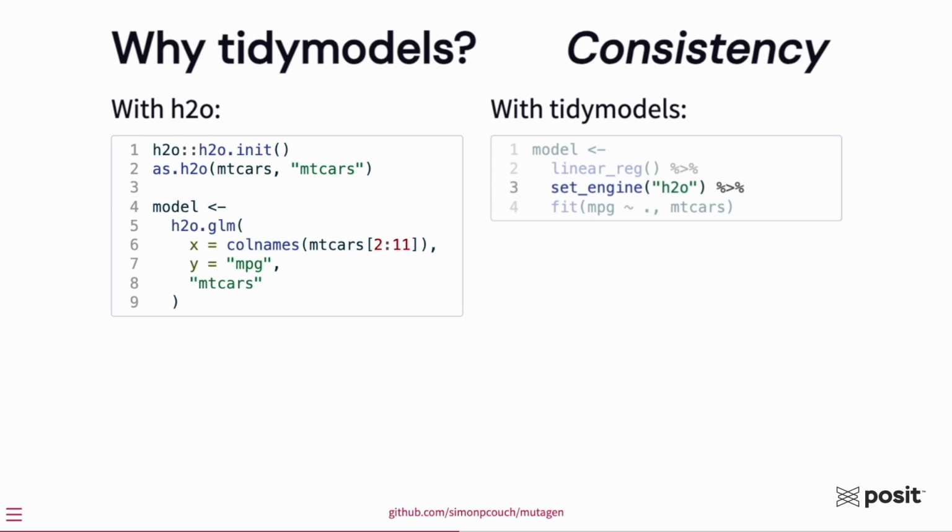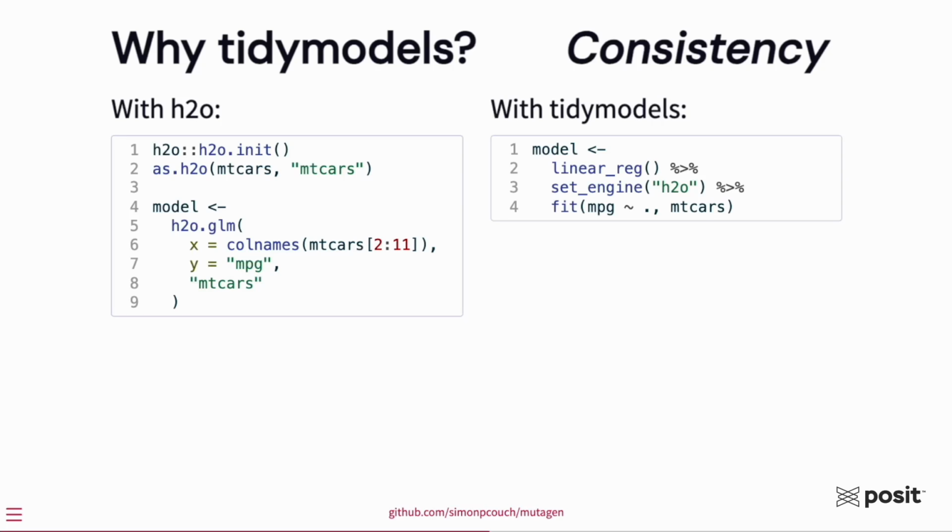Let's say instead of glmnet, I wanted to use the H2O package, which gives me access to all sorts of machine learning techniques implemented in Java, so it's super fast. With tidy models, all I need to do is change the value of engine to H2O. But with H2O, I need to initialize an H2O server.